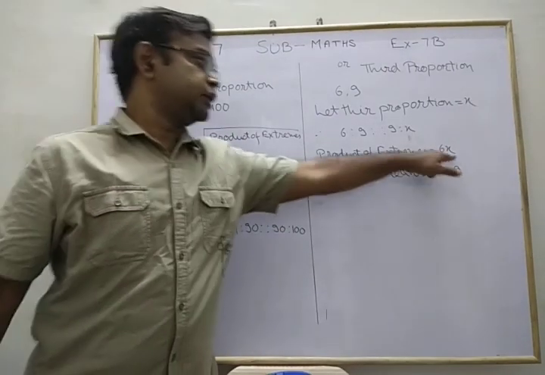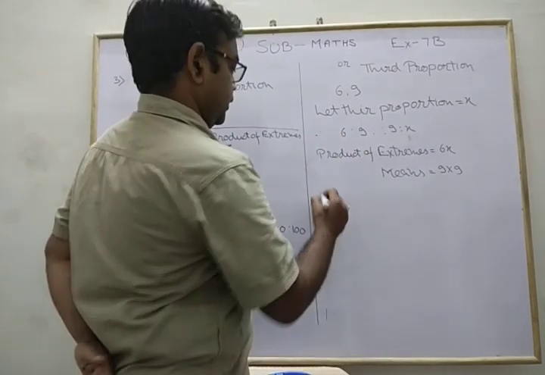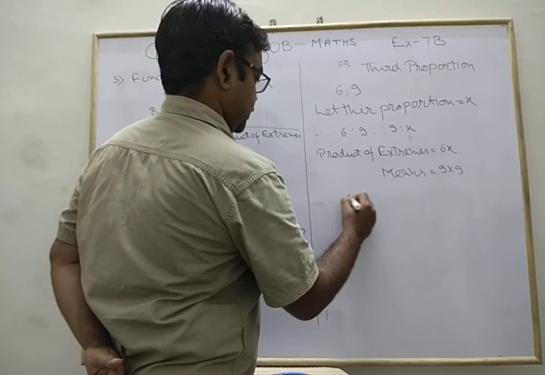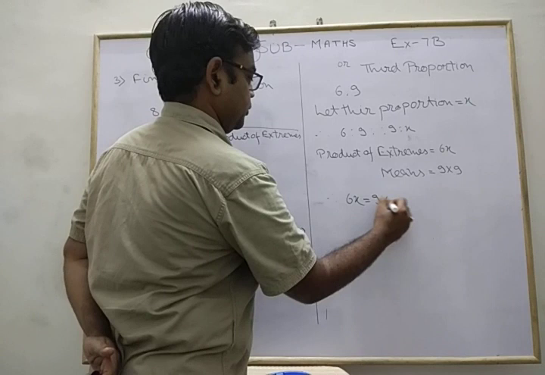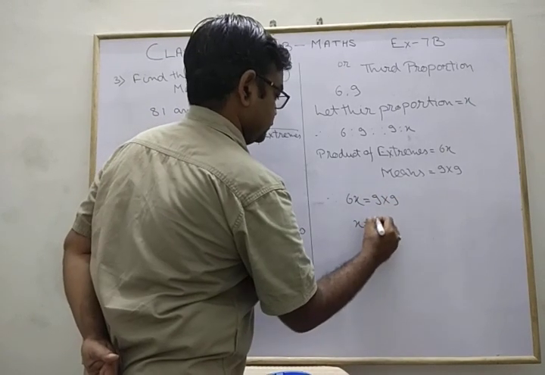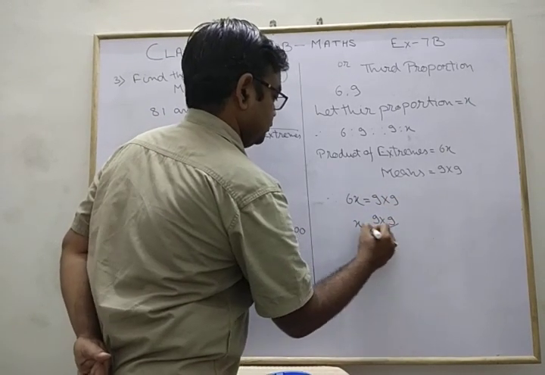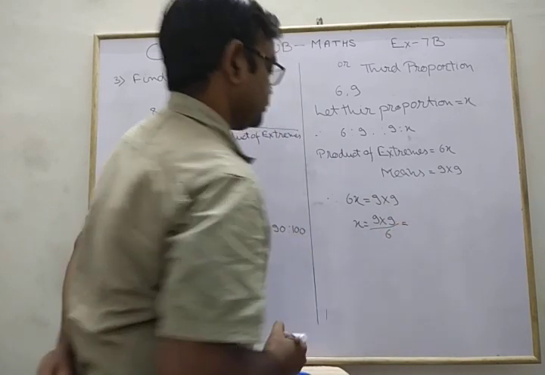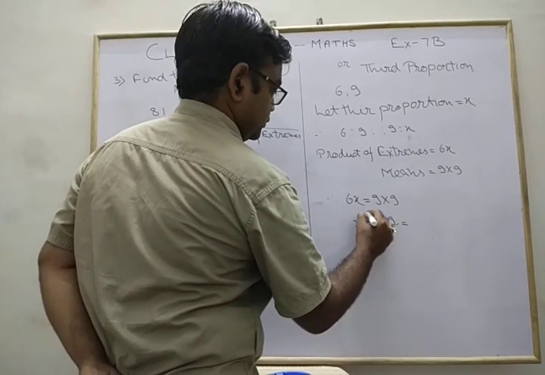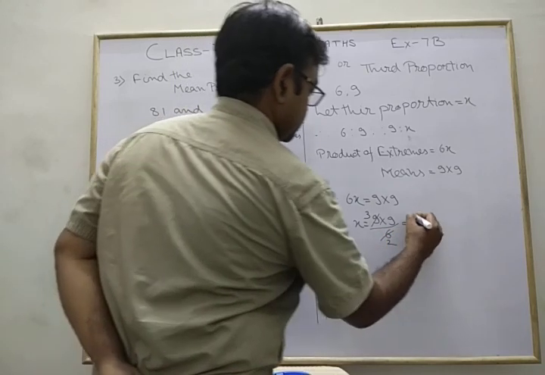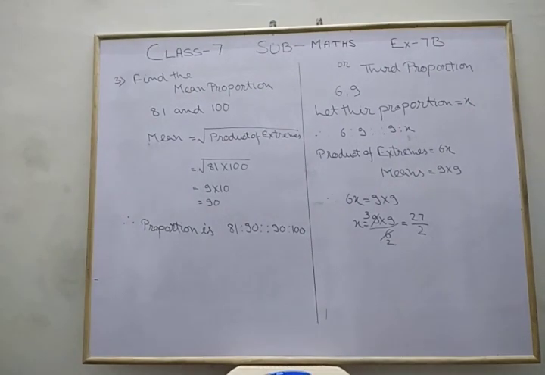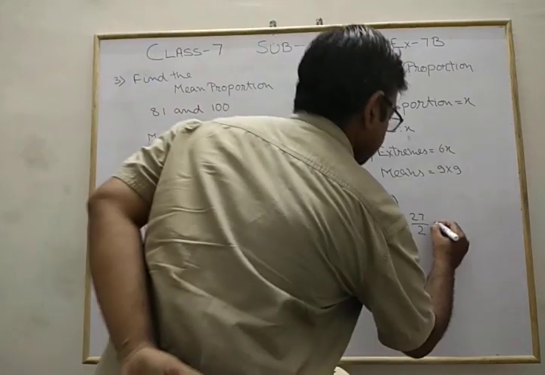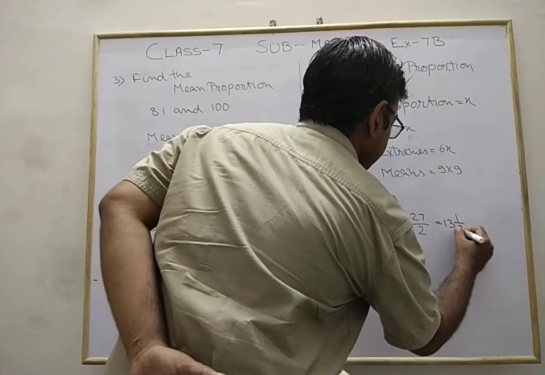Product of extremes 6x, product of means 9 into 9. I am not writing the formula again. Therefore x equals 9 into 9 by 6. 3 threes are 9, 3 twos are 6, so 27 upon 2. Now we can easily solve. It's 13 whole 1 upon 2.